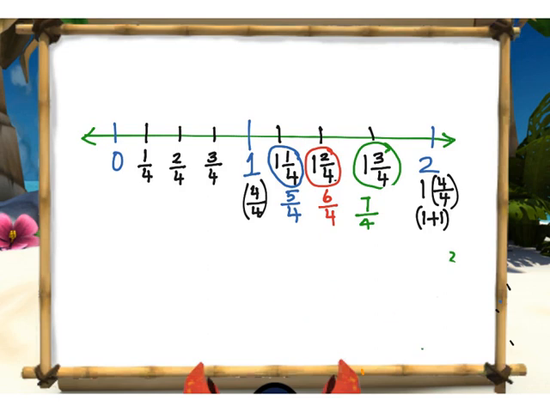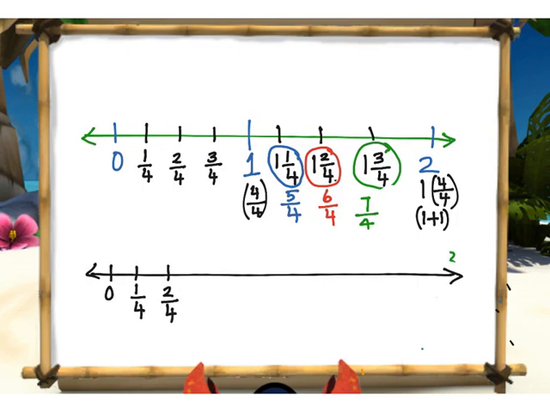Okay, so let me write the same number line again. So this is 0, 1 by 4 goes here, 2 by 4 goes here, 3 by 4 goes here, and then 1, and then so 1 1 by 4, can you see this one?